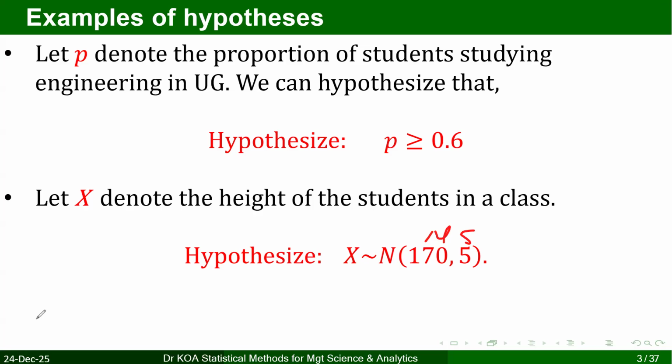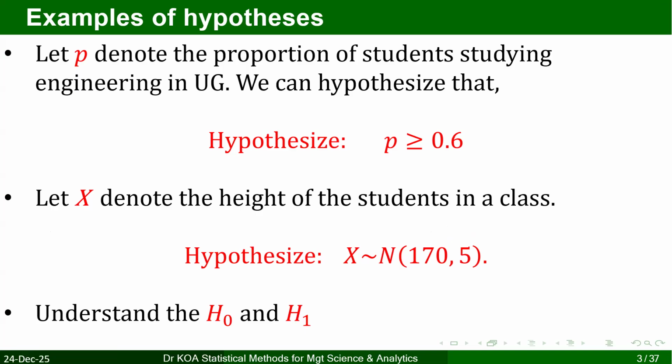Now, you need to know the null hypothesis and the alternative hypothesis. Who can tell me quickly what is the difference between the null and the alternative? The null hypothesis is what is assumed to be the norm or the truth, and the alternative is the otherwise. Give me an example.